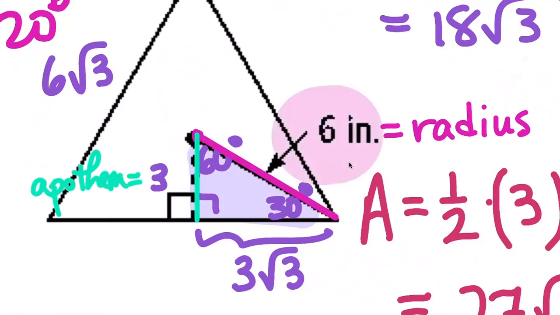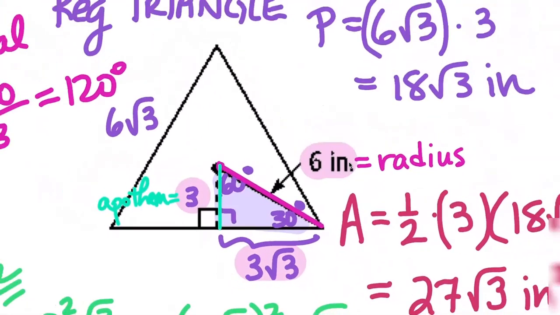And then 6 divided by 2 would give us the short leg is 3, and then multiply by root 3 to get that side is 3 root 3. Now remember, that's half of the side of the whole entire triangle. So the whole side here is 6 root 3.